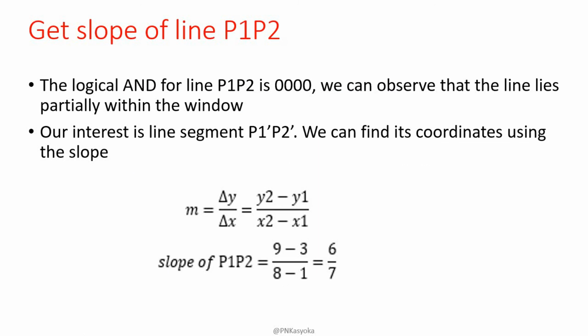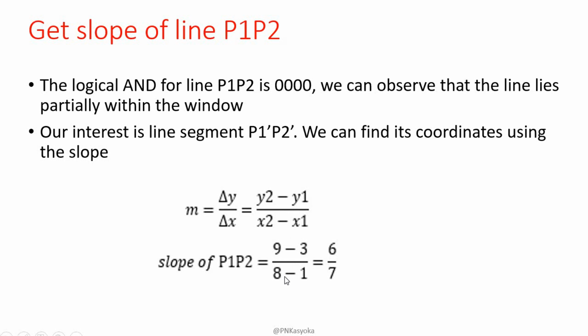We need to work with a slope if we are going to get those values that we do not know. If you look at P1, P2, that line, how do we get the slope of that line? It's basically delta y over delta x. That is the difference in y-axis and the difference in x-axis for those lines.